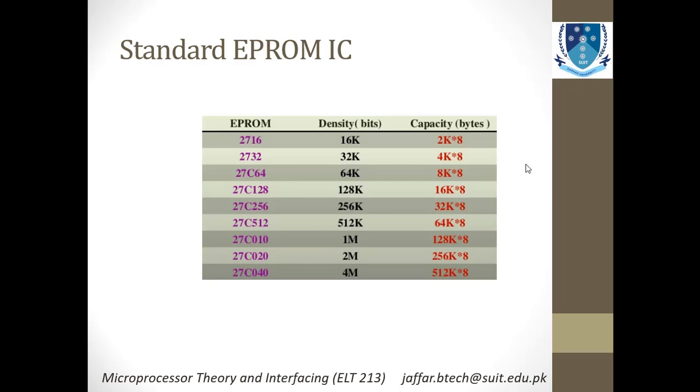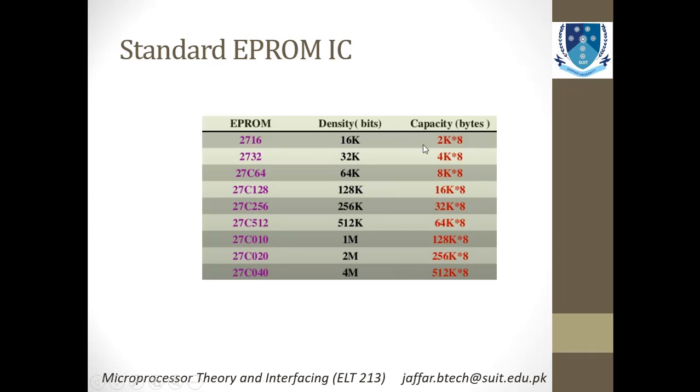So this is the example of a standard EPROM IC. There are several ICs, but this is a standard IC. You can see that there are different types of ICs involved in it, and these ICs are basically providing you different types of capacity. For example, 2716 provides you a density of 16K.